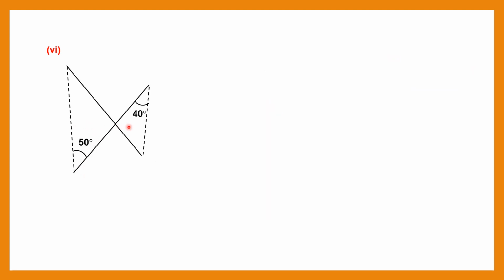So here we have a pair of dotted lines and you can see the two angles inside. You can consider any one of these lines that I've cut. Now, as you can see, they are interior alternate angles. Angle 40 and angle 50 are two interior alternate angles. And what is the property of interior alternate angles with regard to parallel lines? When two lines are parallel, interior alternate angles are equal.